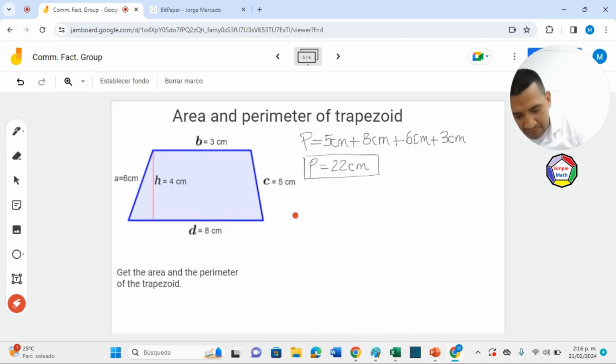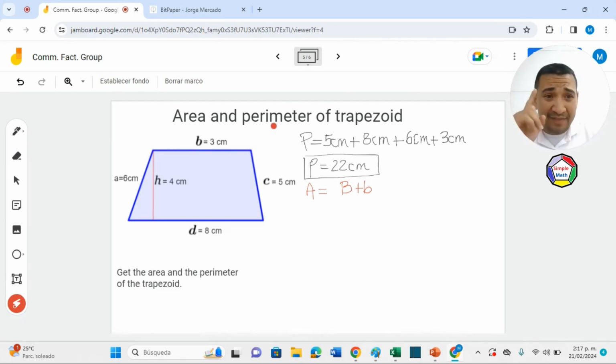I'm going to change the color of this marker, and this is the formula. The area of a trapezoid is equal to the big base, which is this, plus the small base, which is this. The big base I write with a capital B and the other one with a lowercase b.